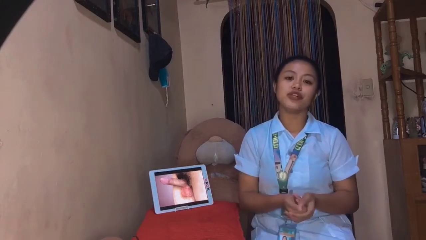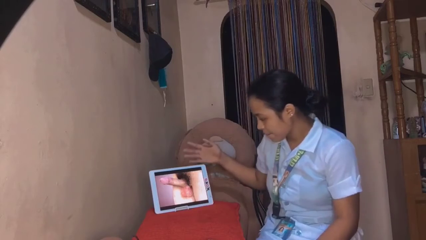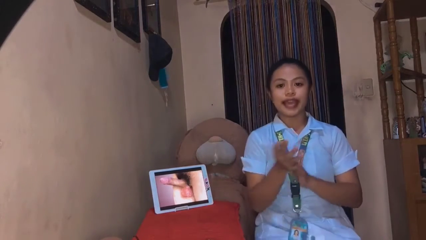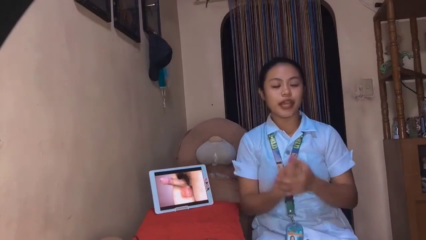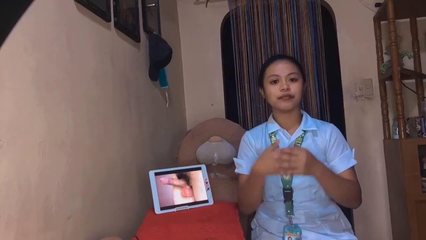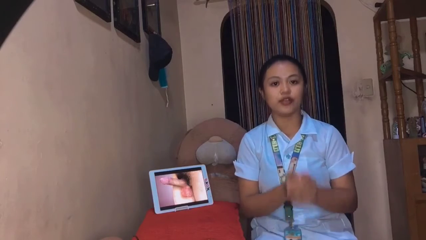For the first procedure, for the pubic hair, we will inspect the distribution, amount, and characteristics of the pubic hair. Okay, the pubic hair of our patient is coarser than the scalp hair, and it covers the entire groin area of our patient, extending to the medial thighs and up to the abdomen toward the umbilicus.